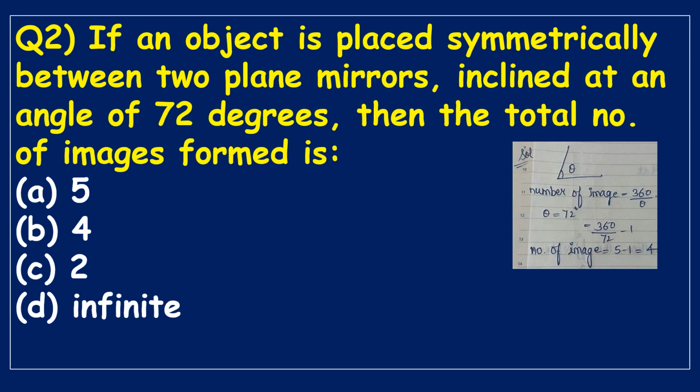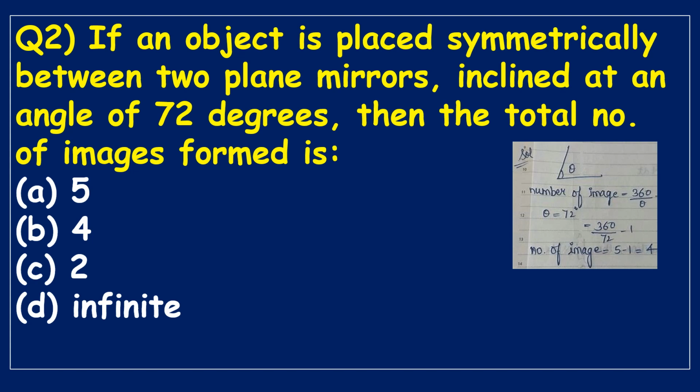Now let's see the answer here. There is a formula to calculate the number of images formed when two plane mirrors are inclined at a certain angle to each other. The number of images is equal to 360 upon theta minus 1. If you use this formula, you will find the number of images formed in this situation. Here theta is given, that is 72 degrees.